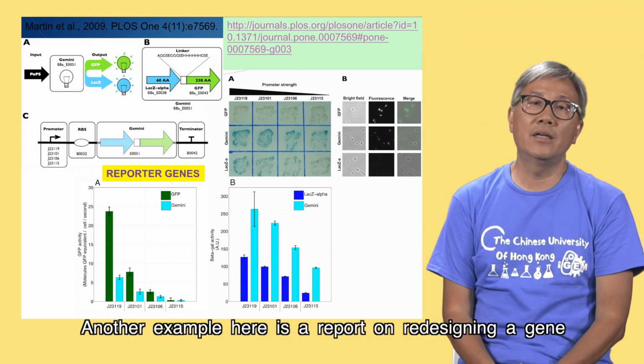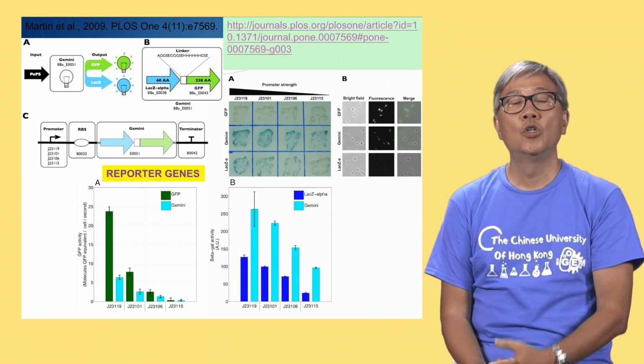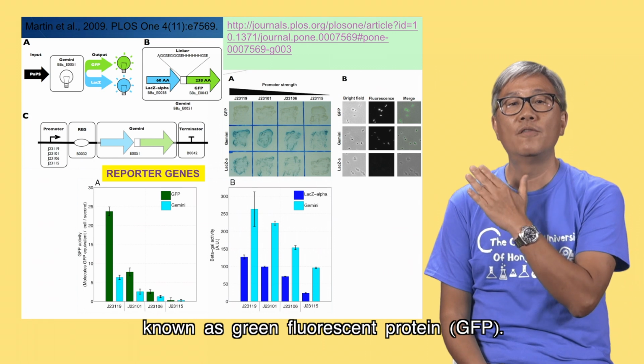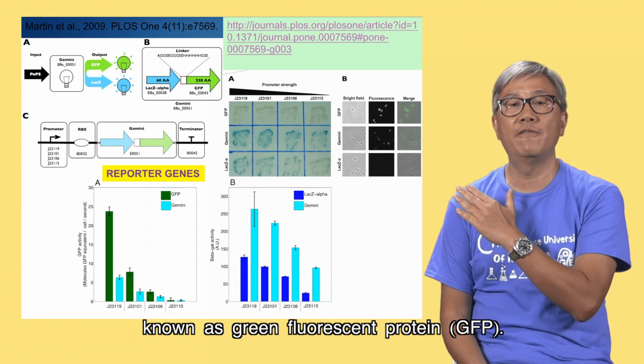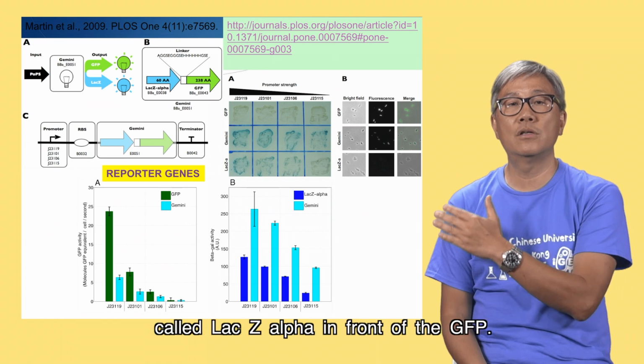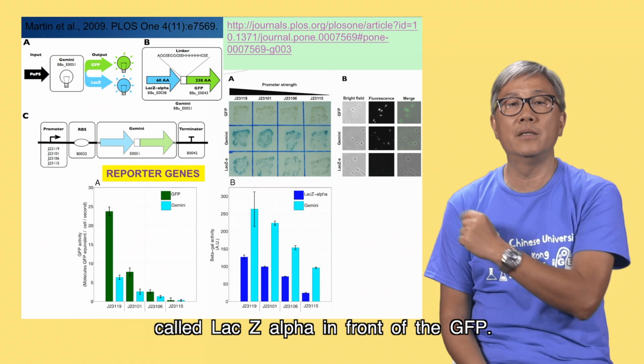Another example here is a report on redesigning a gene to turn on promoter genes, with green fluorescent protein, GFP. They also add an enzyme gene called lacZ alpha in front of the GFP.